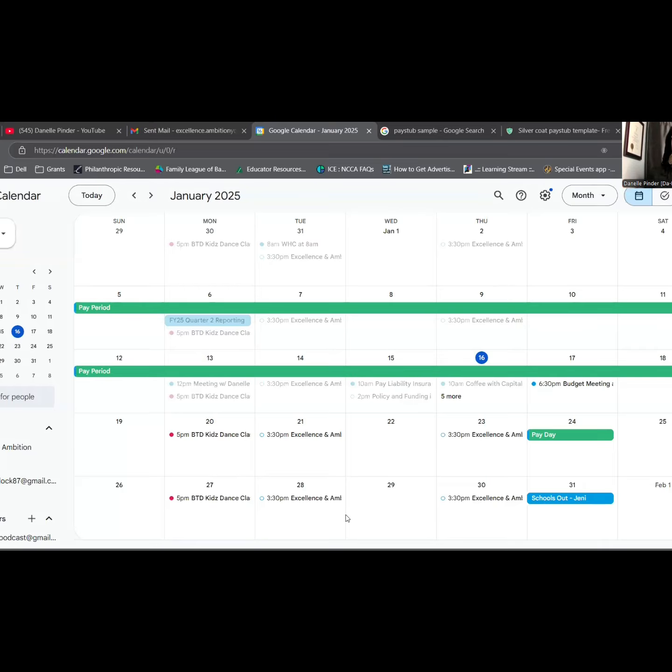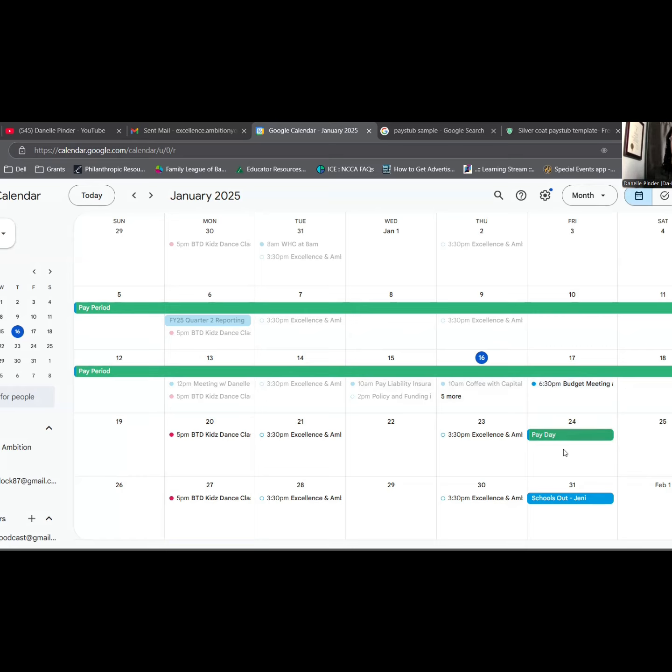Okay. So first, we want to talk about how to understand when you're going to get paid. Okay. So I'm going to share my screen. We're going to go to a calendar. If you're supposed to get paid on the 24th of the month of January, that means your 2-week pay period was Sunday the 5th through Saturday the 18th. 2 weeks of pay, and then you get paid that following Friday.